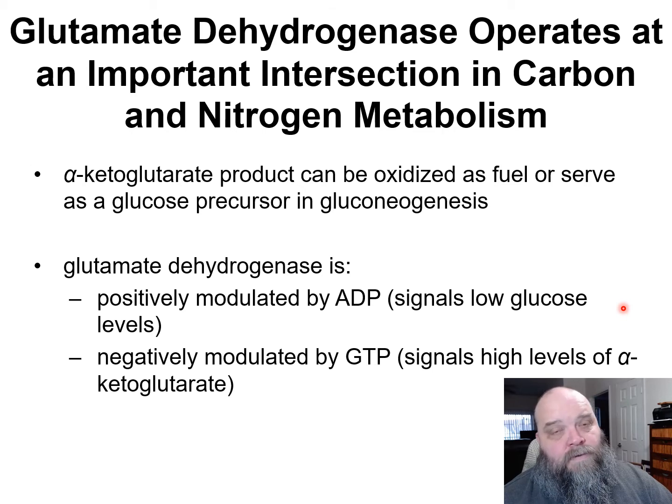You have enough alpha ketoglutarate being broken down that you're now making lots of GTP, whose phosphate is going to be transferred to ATP. So you have enough. Well, then this is going to signal negatively. You know what? Take everything, either slow down making the alpha ketoglutarate through the steps we just talked about, or if you can't do that, shift all the alpha ketoglutarate to gluconeogenesis.